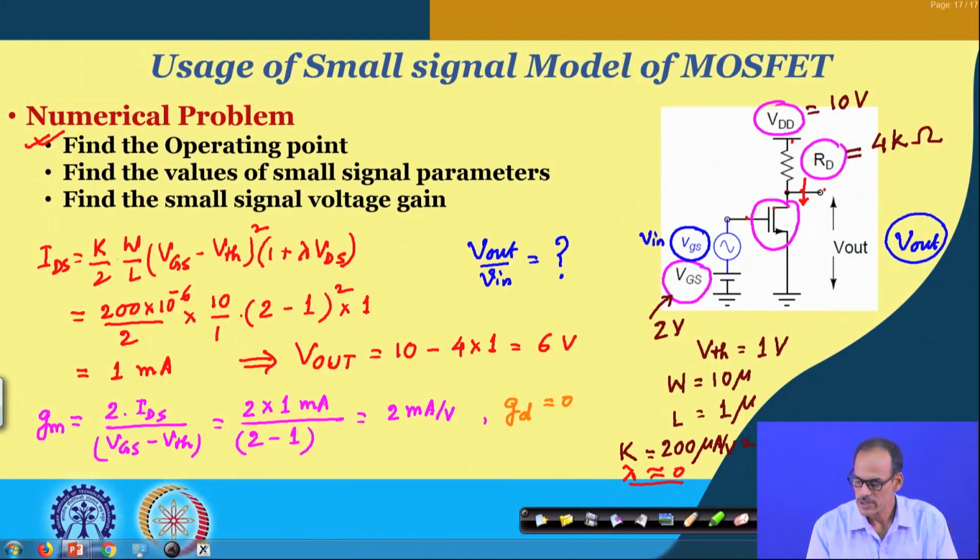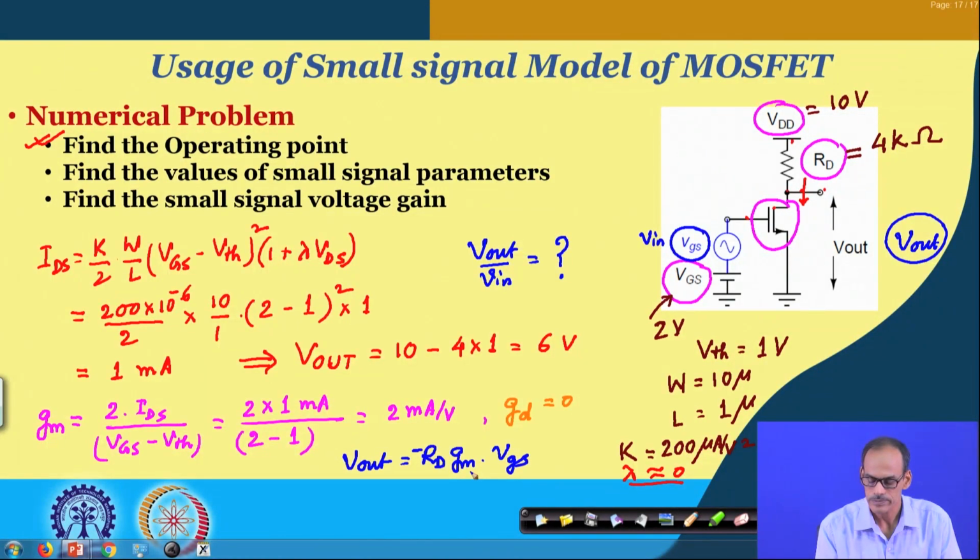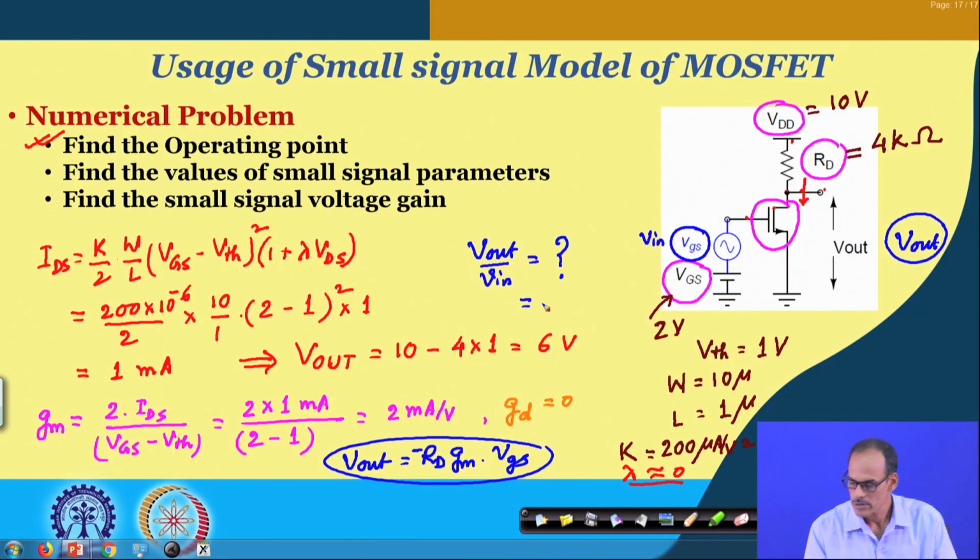So, that gives us the output voltage V out is, of course with a minus sign, R D into GM into VGS. From this, it becomes minus R D, that is 4 K, and then GM is 2 milli.